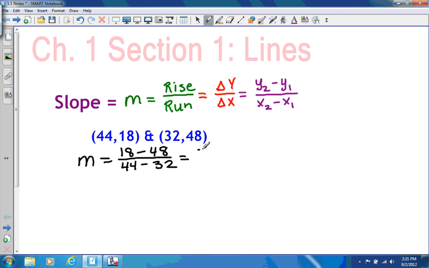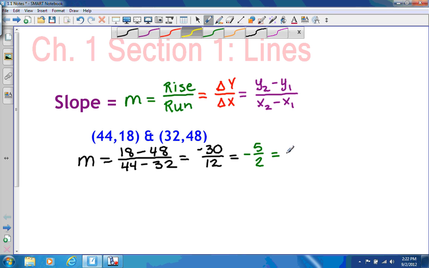Now that would be a negative 30 over 12, which you can simplify to a negative 5/2. And you could also write that as a negative 2.5.